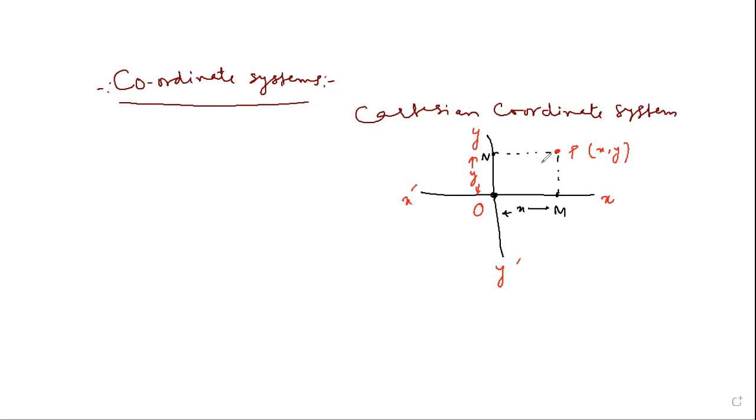Now it is understandable that in three dimensions, if we have another axis in the z direction, then there will be another coordinate z.